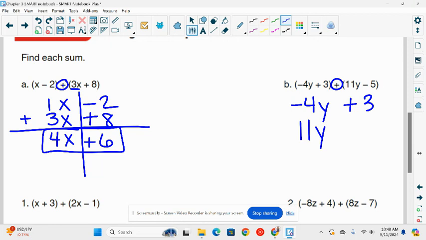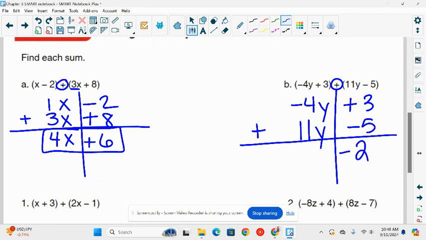11y minus 5. And we're adding it. I'm going to separate it so everything's all nice and neat. And then it's just regular math. Positive 3 plus negative 5. So in my calculator, I'm going to put 3 plus negative 5.